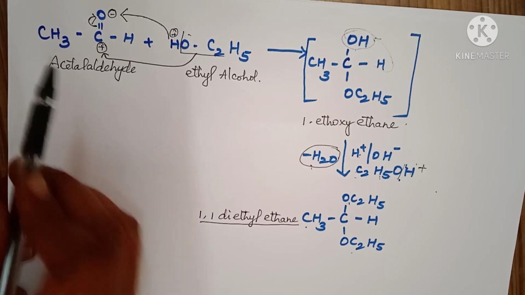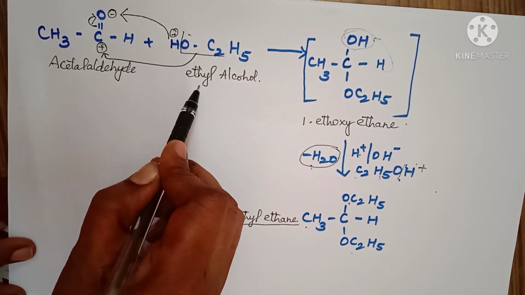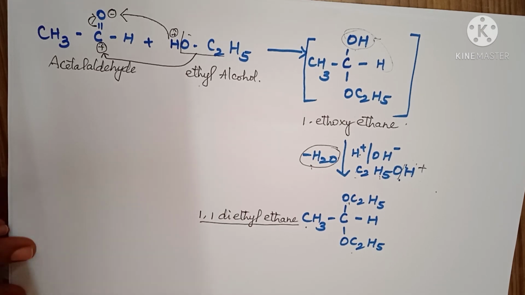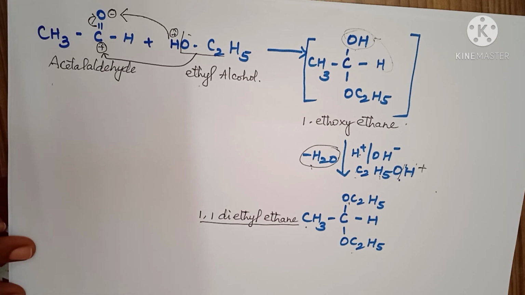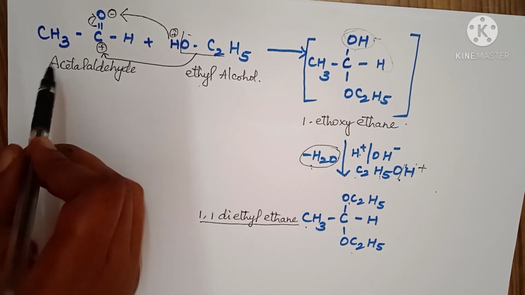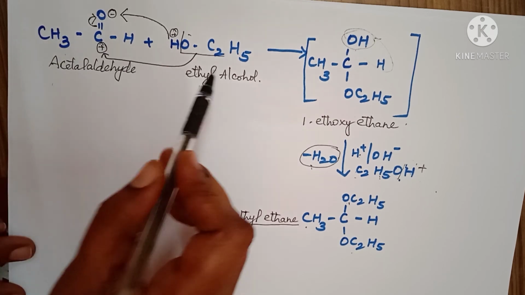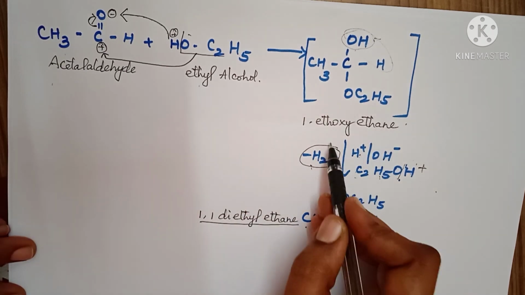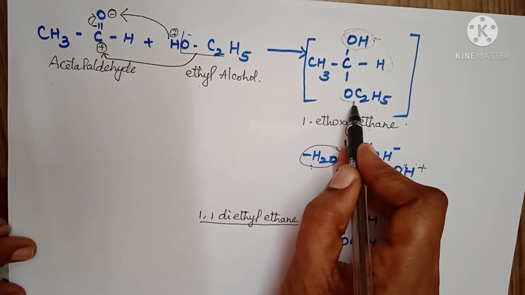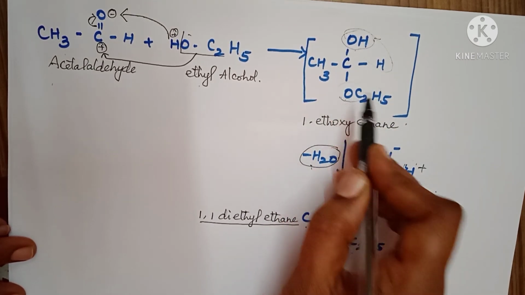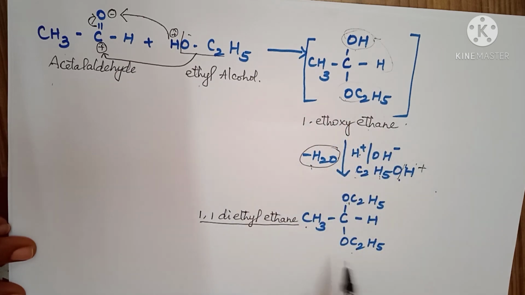Acetaldehyde reacts with ethyl alcohol. First we have seen acetaldehyde reacts with methyl alcohol, and we received hemiacetal and acetal. In this second part, acetaldehyde reacts with ethyl alcohol, giving 1-ethoxyethane, an ether compound, and then 1,1-diethoxyethane.